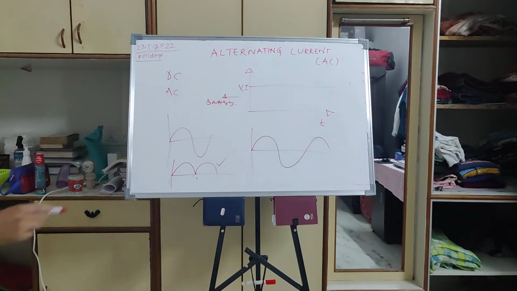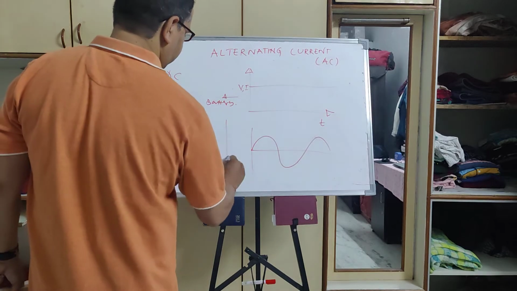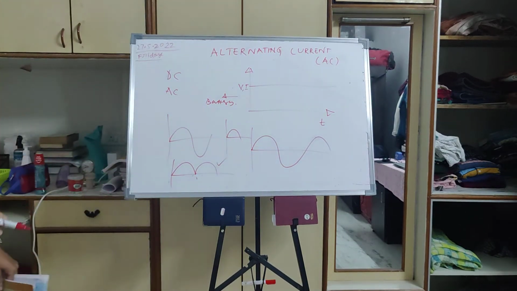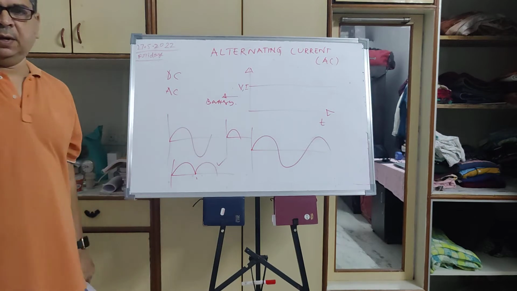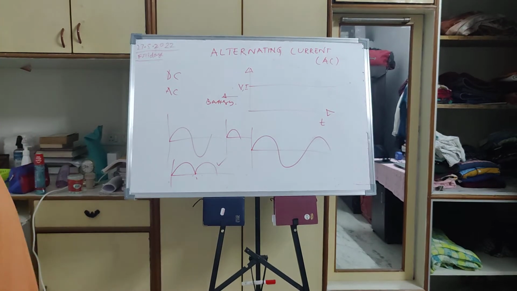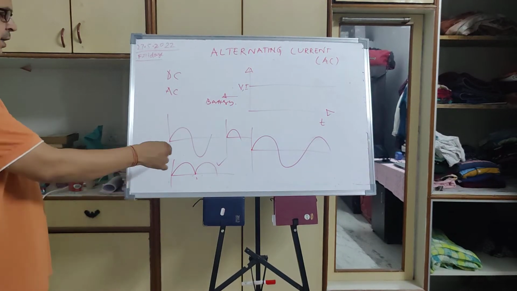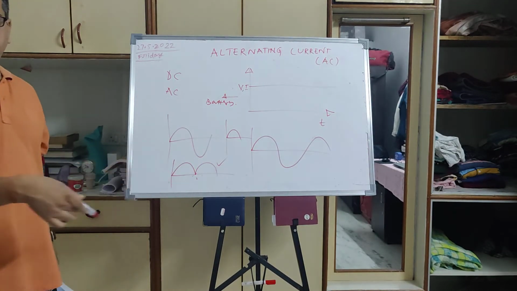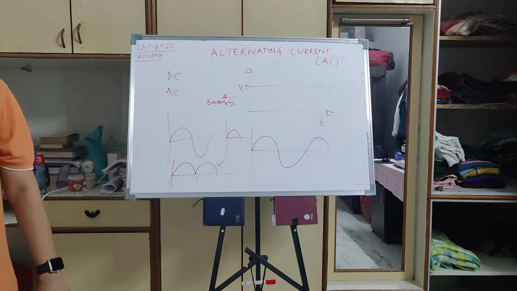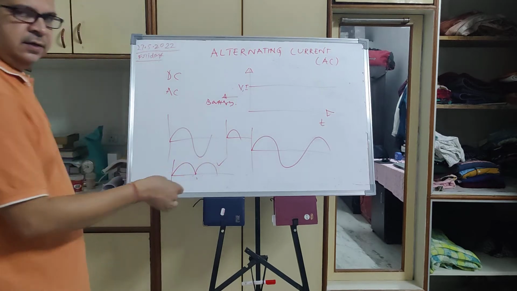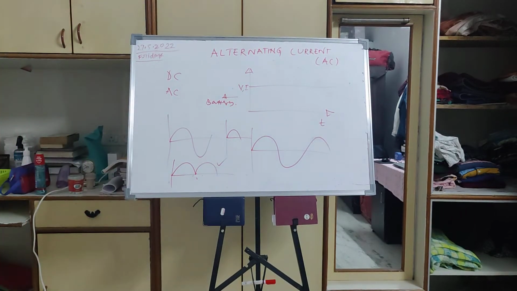There is also a half wave rectifier, which converts only half of the cycle, and the remaining remains null. Then there is something called filters. You can apply these filters and make the output almost similar to DC, constant with time.